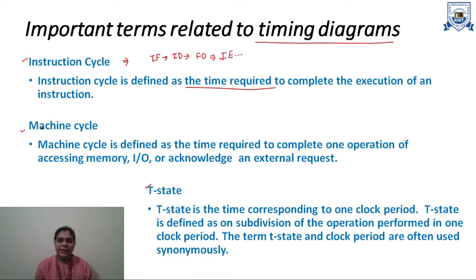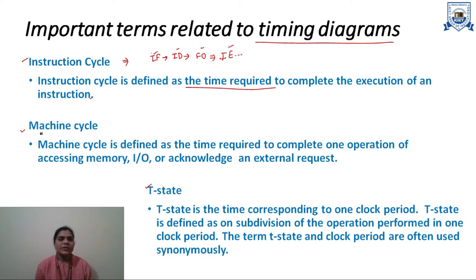It may contain writing of results to memory or output devices. So instruction cycle defines the total time required to complete the execution of an instruction.